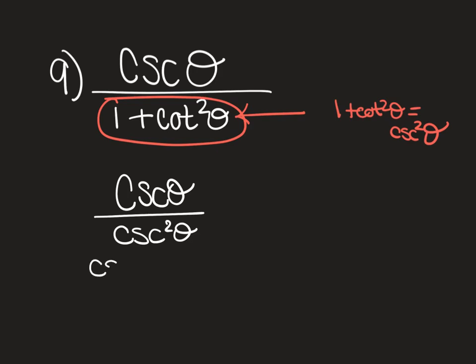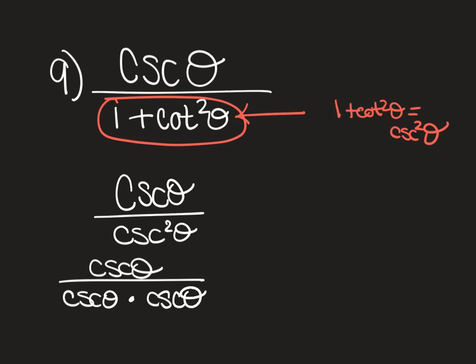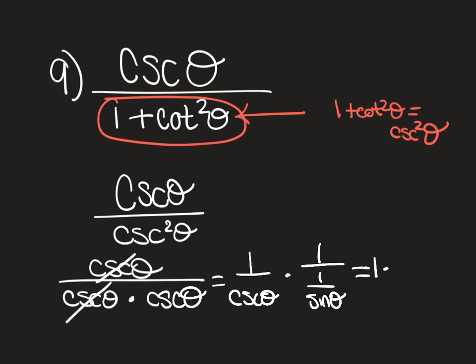Well, that's the same thing as cosecant theta on top over a cosecant theta times another cosecant theta. Well, I can cross off one cosecant from the top and one from the bottom, so I'm left with 1 over cosecant theta. Cosecant is the same thing as 1 over sine, so I have 1 over 1 over sine. So we can flip the bottom and multiply, so we get 1 times sine theta over 1, which is just a sine theta.